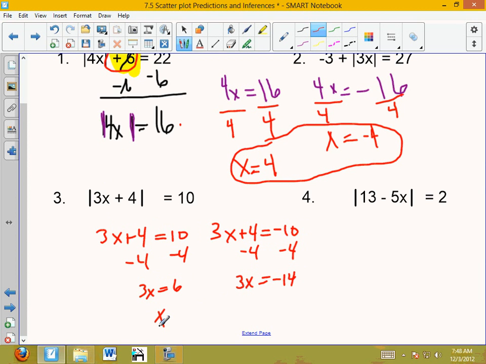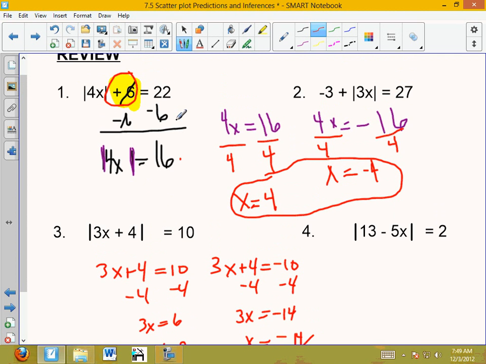Divide by 3, x equals 2. Divide by 3, x equals negative 14 over 3. Okay?